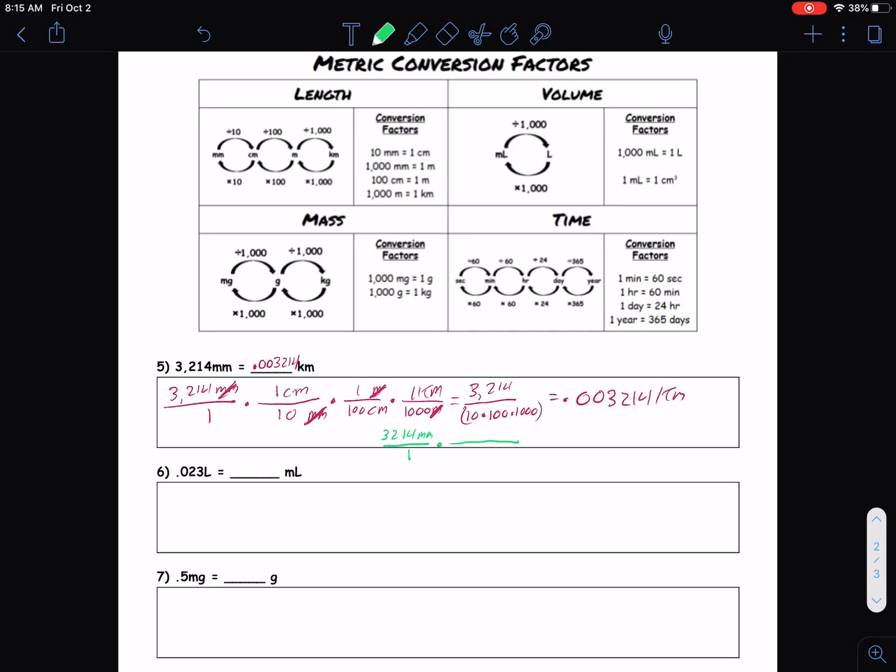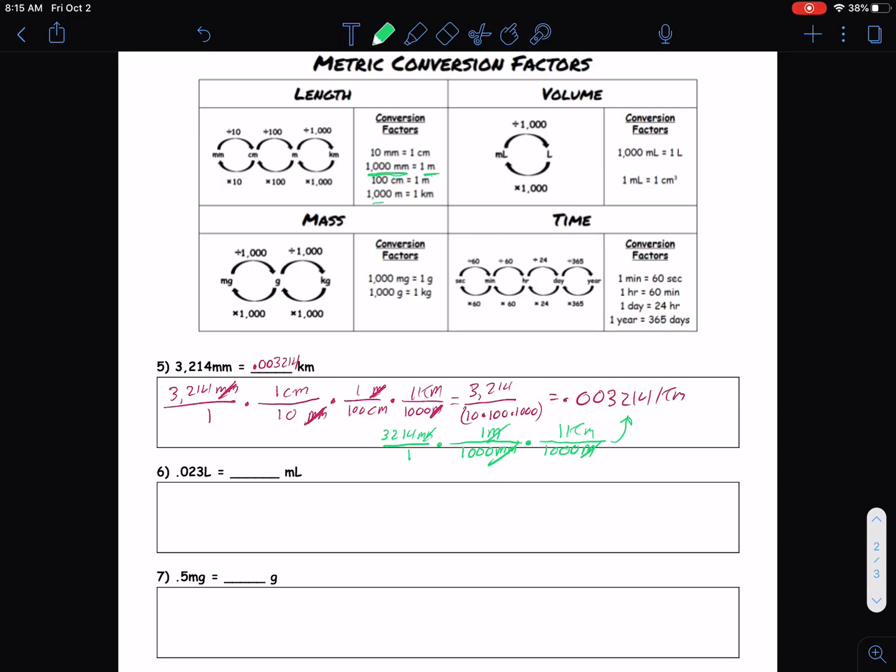And when we multiply by 1, we're going to say 1,000 millimeters equals 1 meter. We're looking right here at that one. And then you take 1,000 meters equals 1 kilometer. Meters cancel, millimeters cancel, and your answer comes out to be the same way.